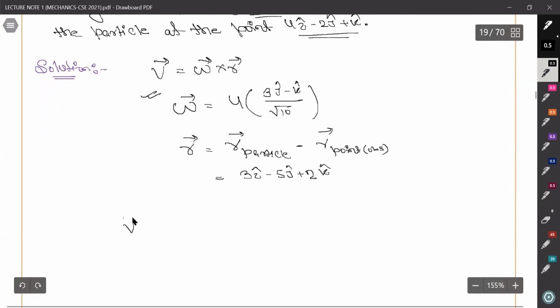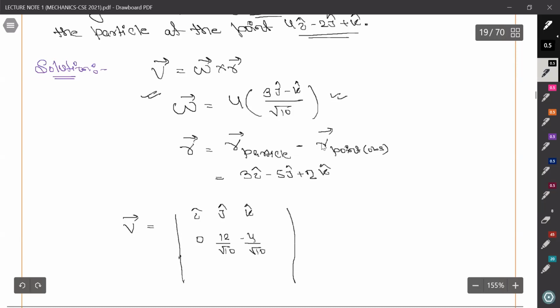So what will be v? That is omega cross r. Simply we can use the cross product i cap, j cap, k cap. So it will become 0, root 12 by 10, minus 4 by root 10.